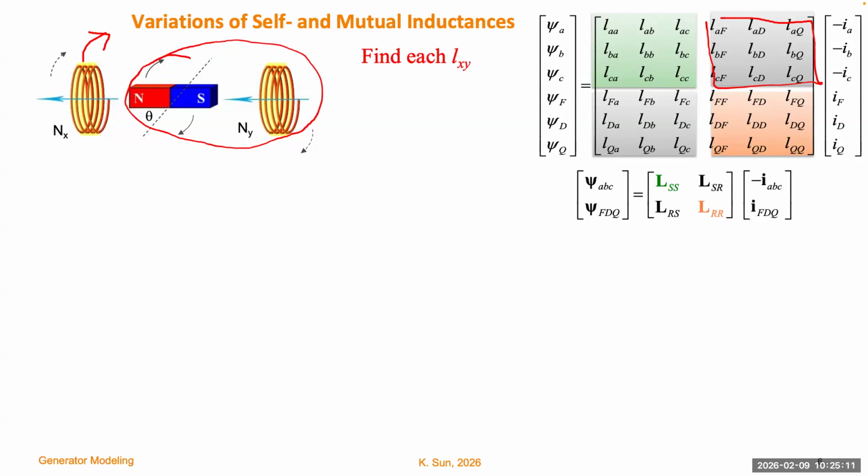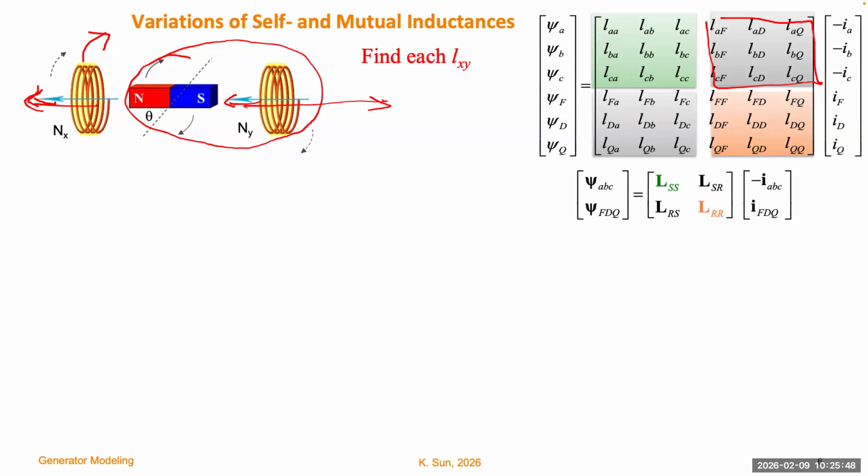For that case, the coupling between the two windings will really depend on whether their axes are in parallel or orthogonal. If the two axes are exactly in parallel, that inductance will reach the maximum value. If it becomes orthogonal, that will be 0. And if they become opposite to each other, like one is facing the left and the other is facing the right, their inductance will become negative, maximum value, but in the opposite direction.